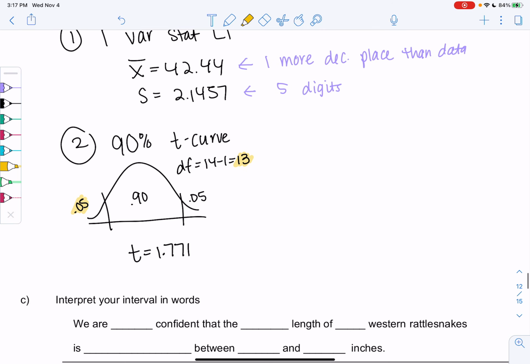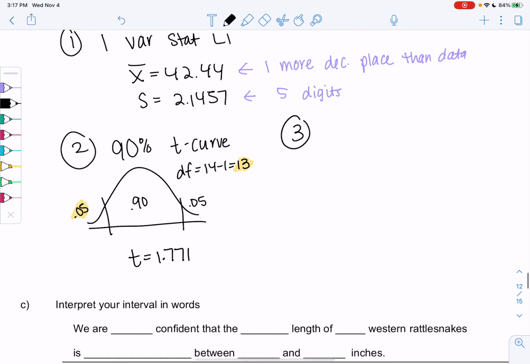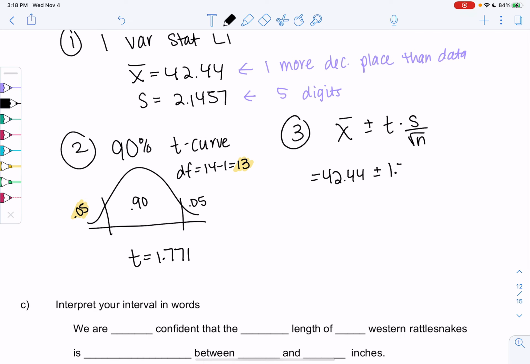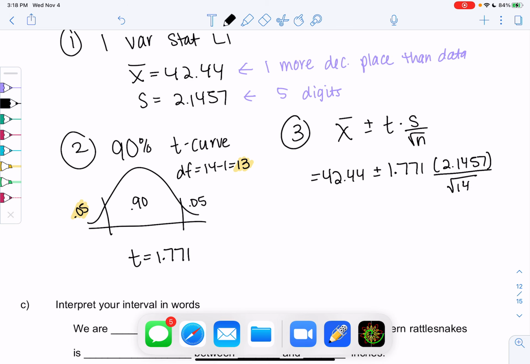And now we have everything we need for the formula. So we're in mean land, so the formula for means is X bar plus or minus T times S over root N. So the mean is 42.44 plus or minus 1.771 times 2.1457 for S, all over square root 14.